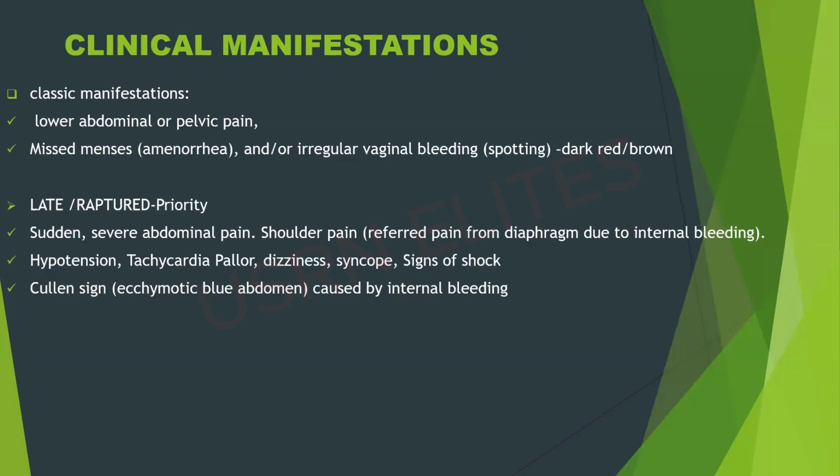Or sometimes the bleeding becomes dark brown, like the uterus is shedding the lining that was prepared for implantation. Sometimes this is what you are going to see.